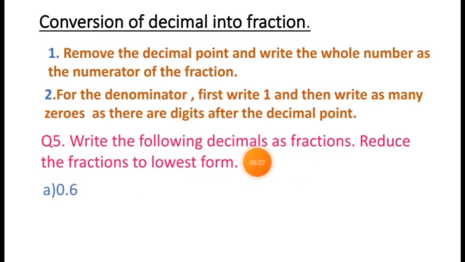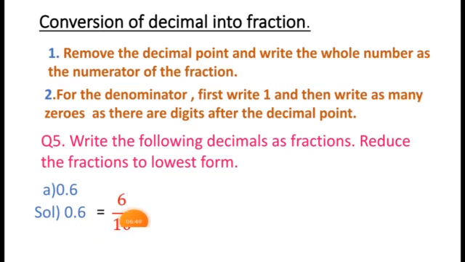So here we will write the decimal in the form of a fraction, then we will reduce that fraction to its lowest form also. So here is the first question, that is 0.6. Let us write it in the form of a fraction as we learned in the rule above. Here the whole number will be 6, and there was only one digit after the decimal point, that is 6.